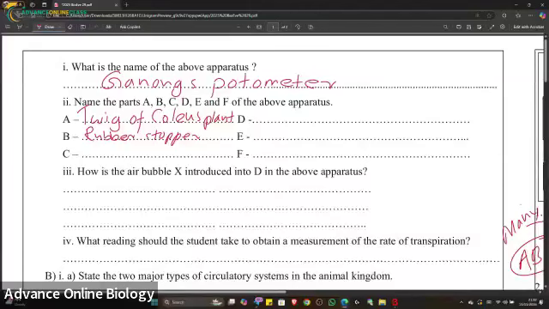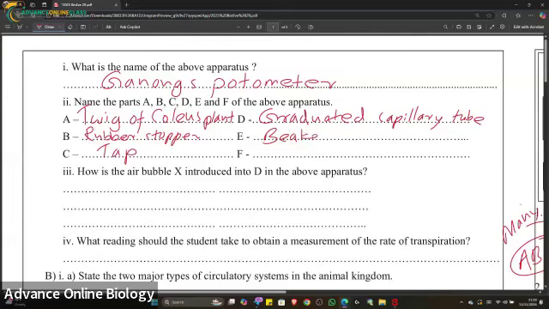E is beaker of colored water. F is a stand.